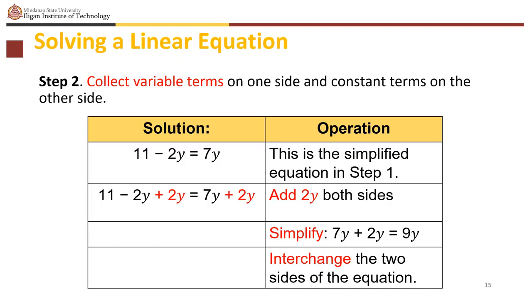But minus 2y plus 2y will give us 0 here, and 7y plus 2y will give us 9y. So we now have 11 equals 9y. Then interchange the two sides of the equation and come up with 9y equals 11.